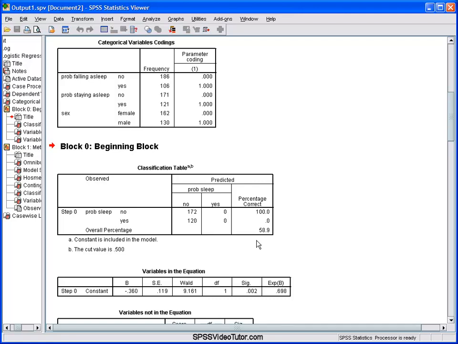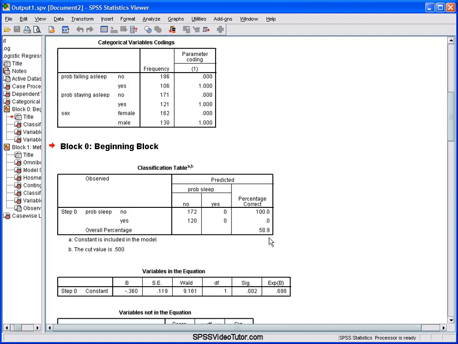58.9% of the cases. Now, to get 58.9%, the baseline model selected the category of the dependent variable with the largest number of cases and assumed that everyone is in that category.